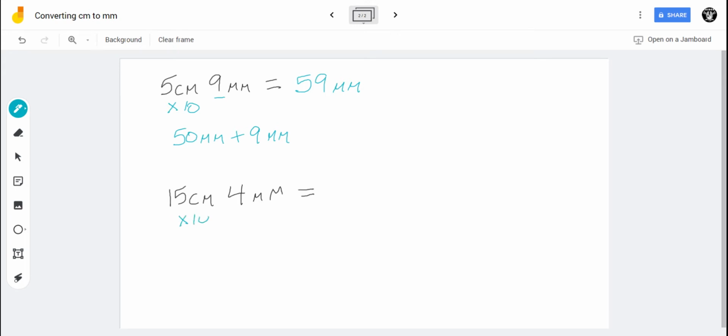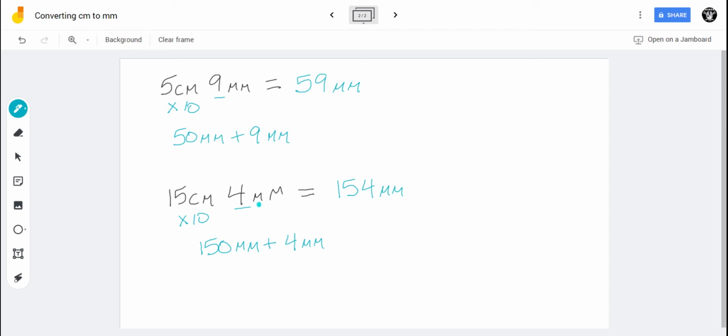So we're going to multiply this part by 10, and we're going to get 150 millimeters right here, right? But then we have to add back this 4 millimeters. So we're going to say plus 4 millimeters, and our final answer will, in this case, be 154 millimeters. And that's how you are going to convert from centimeters into millimeters.